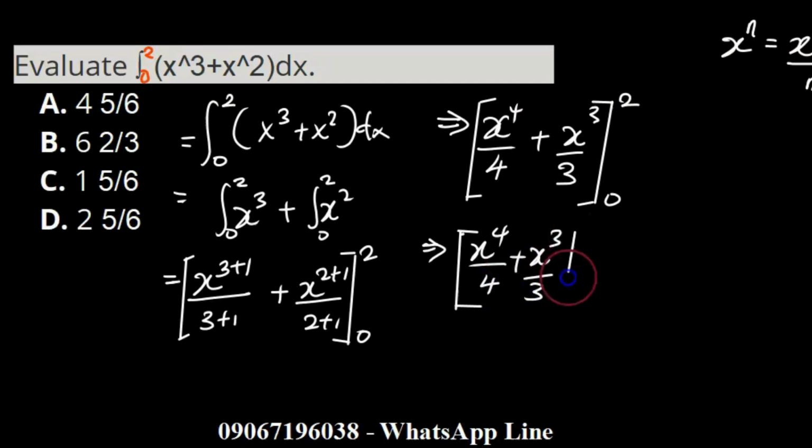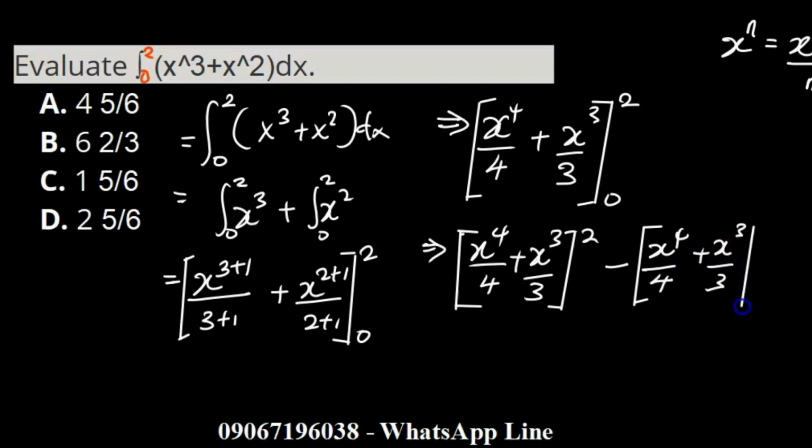So one is going to be for the upper region, 2, and then we're going to subtract the lower boundary, which is 0. Same equation, x^4 over 4 plus x^3 over 3, and this time around we're looking at the lower boundary, which is 0.